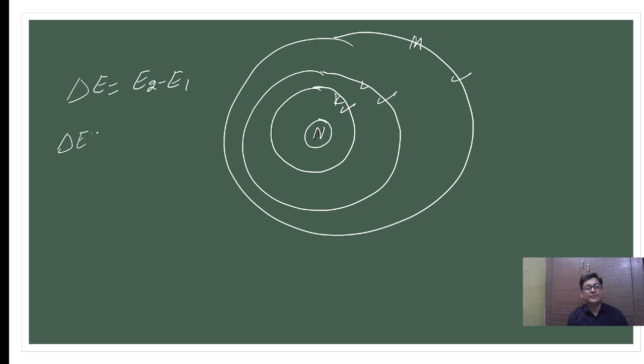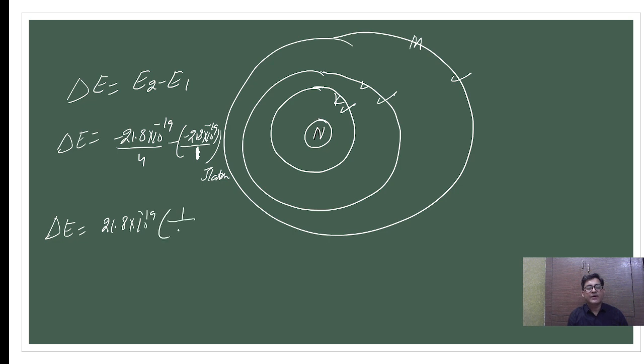So we will find minus 21.8 into 10 to the power minus 19 upon 4, minus minus 21.8 into 10 to the power minus 19 upon 1, joules per atom. Delta E is equal to 21.8 into 10 to the power minus 19 times (1 upon 1 minus 1 upon 4) joules per atom.